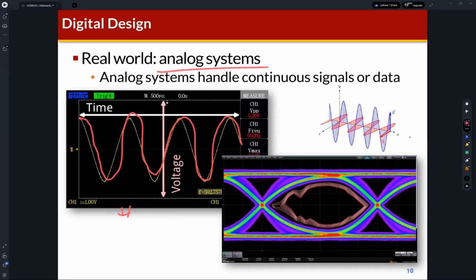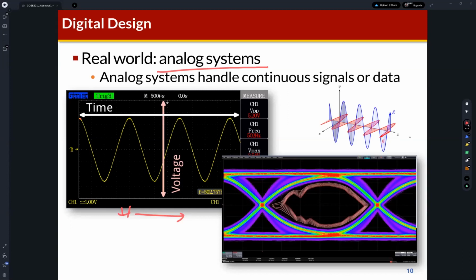In this figure, the y-axis represents the voltage level, right? I hope everyone knows about the voltage of an electric circuit. And the x-axis is the time. We can observe in this system that the voltage level is periodically changed by time.